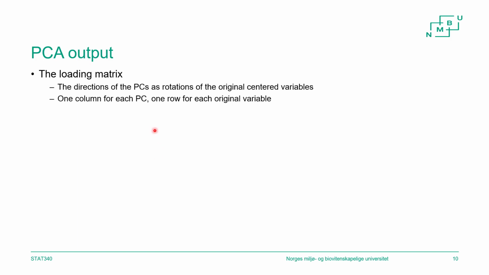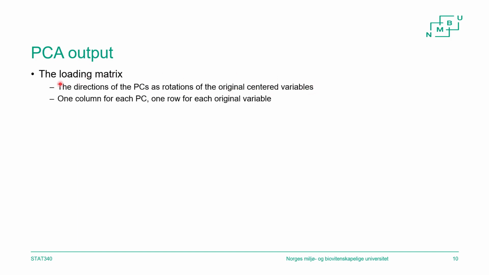Okay, PCA output from the function that we use in R, we get what we call a loading matrix, and this is actually the directions of the principal components as rotations of the original centered variables.